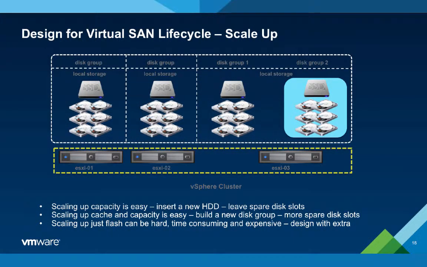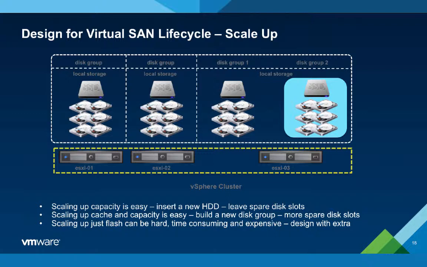There are a couple ways to design for the life cycle. One option is to scale up. Now, again, we know that we need to start with at least one solid state disk and one spinning disk to create our disk group, and we can multiply that up to 5 times inside of each host, giving us some really significant storage.